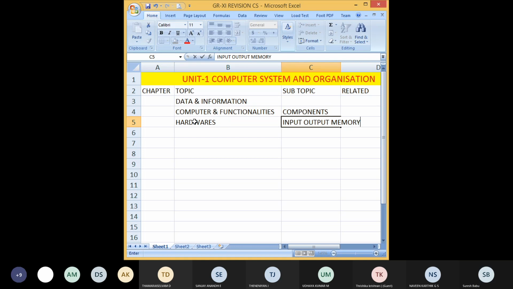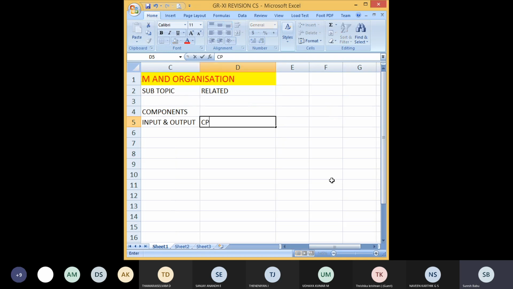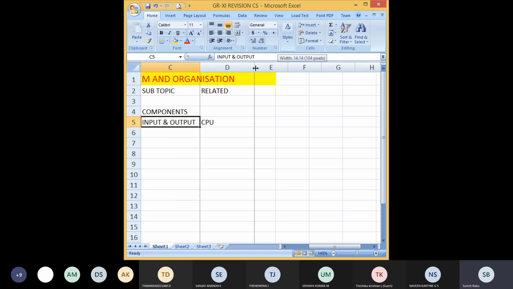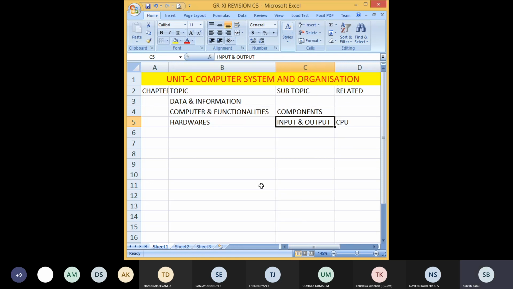Memory devices we will see later; input devices and output devices first. Then in the CPU also you should know about the control unit. What are the units present in the CPU? That is very important. These are related to the functional components. Students, understood?